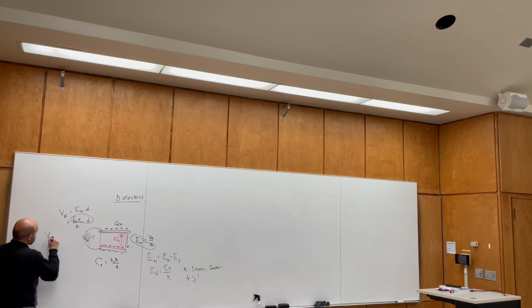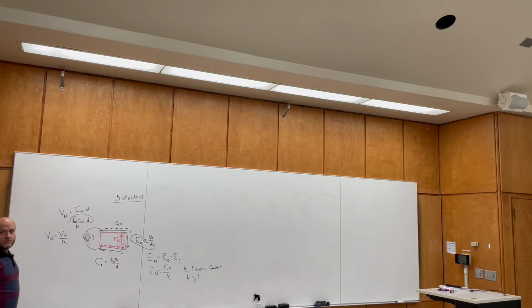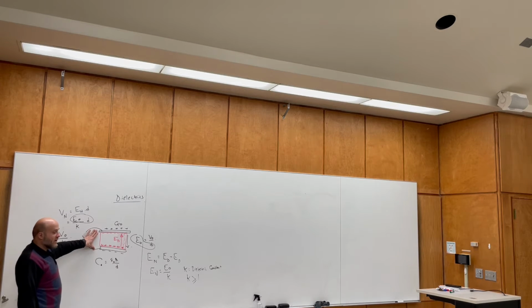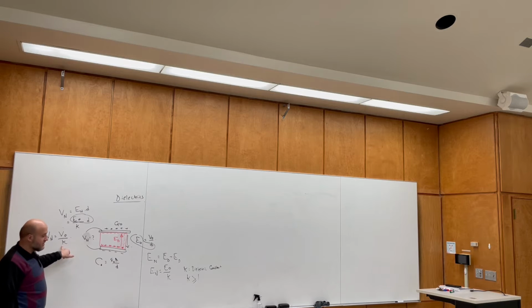So the new voltage will be V0 over K. So the new voltage also is going to drop. Initially I have V0, after I put the dielectric, if the battery is not there, then the voltage will drop to V0 over K. So E decreases, V decreases.